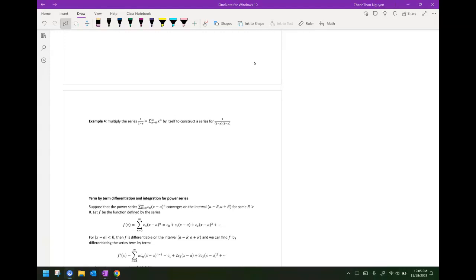Let's start with the term of the series: the sum from n equals 0 to infinity of x to the n, and we multiply it by itself. This is 1 plus x plus x squared plus x to the third, so on and so forth, multiplied by itself.